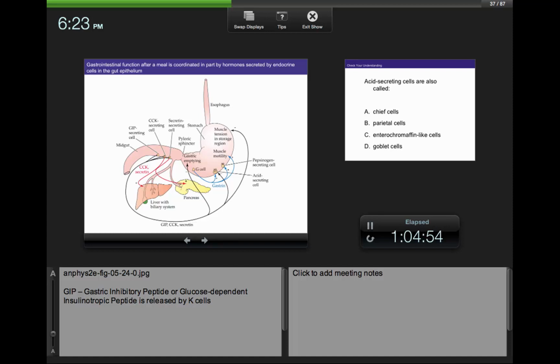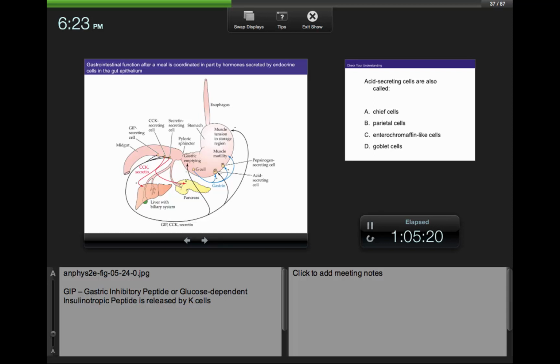So it's sensing glucose, and it's then initiating the secretion of insulin from the beta islet cells.